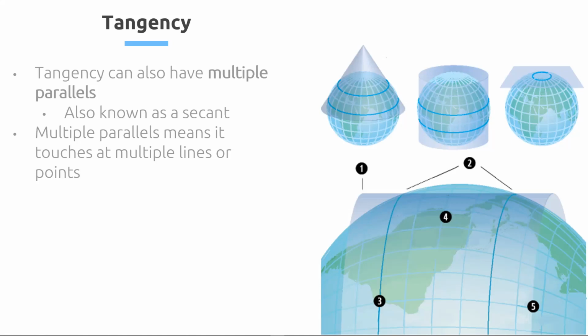That's what makes it a lot more common to use multiple tangents, or secants, versus that single one. These projections are more common just because they make the Earth appear as it actually is in a lot more areas than singular tangents can.